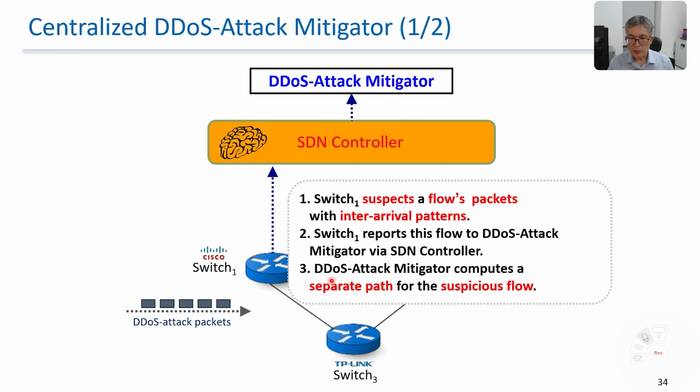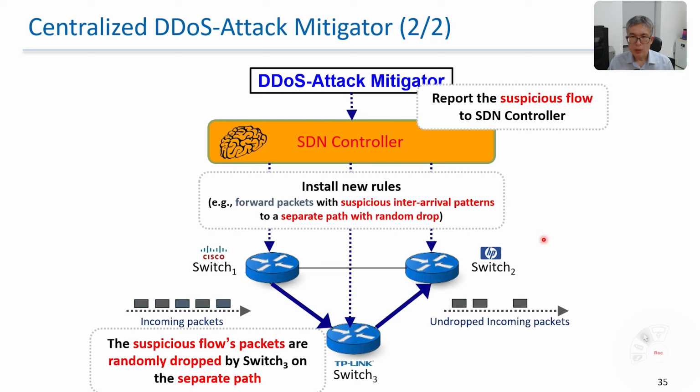And then the DDoS attack mitigator computes a separate path for the suspicious flow to prevent the suspicious flow from blocking good flows over regular flows.